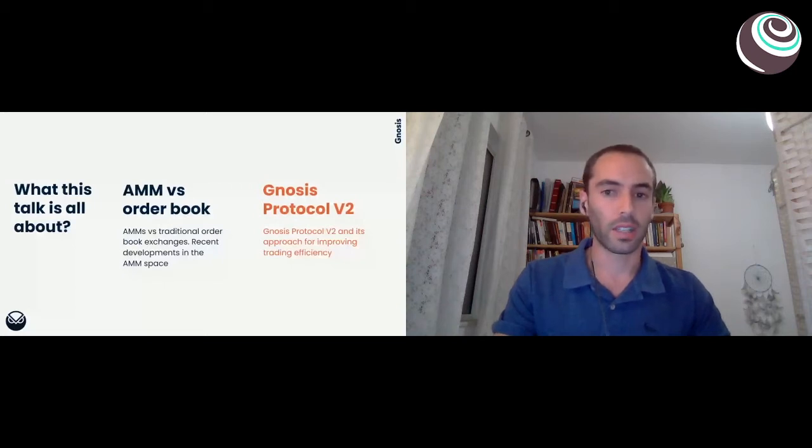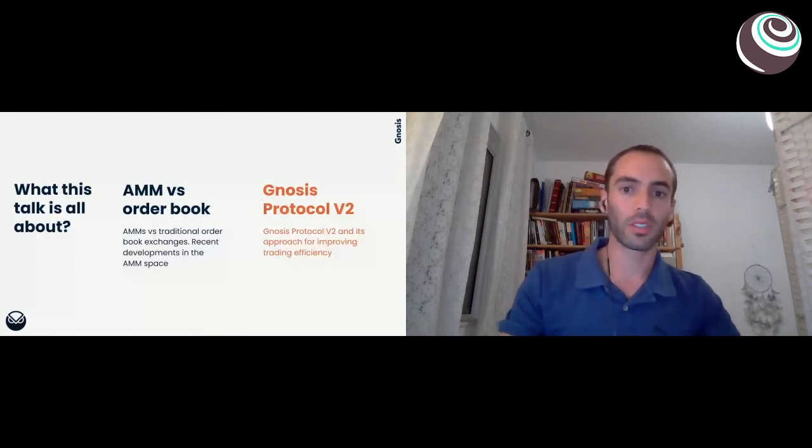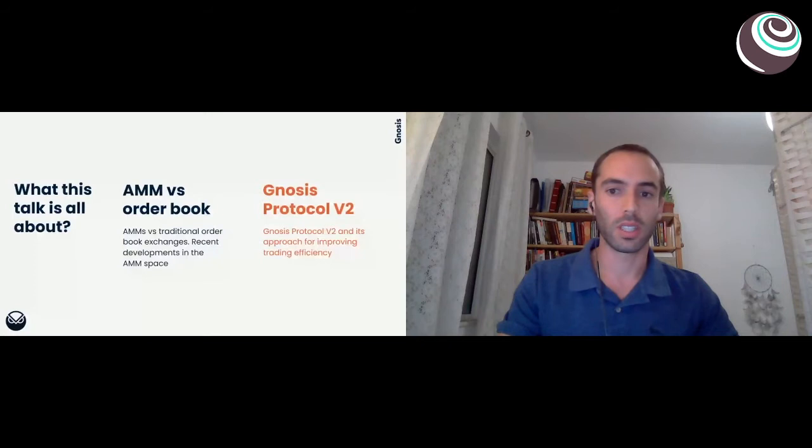And finally, I would also like to present a preview of the Gnosis protocol version 2 and explain how it's designed to tackle some of the issues and leverage some of the advantages that we'll soon talk about.